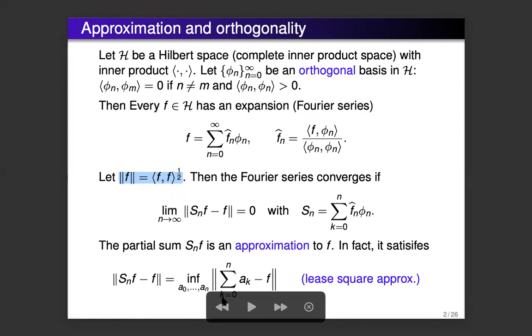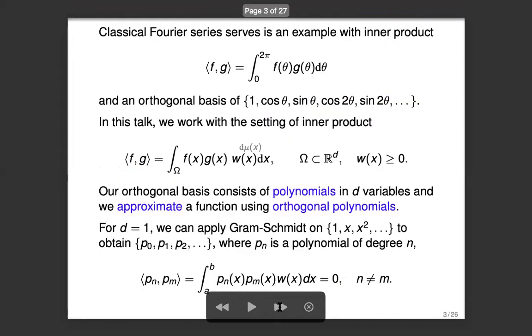This is clearly the case if we consider the classical Fourier series. The classical Fourier series has the inner product of f and g over 0 to 2 pi, where you take the orthogonal basis to be cosine, sine, cosine 2 theta, sine 2 theta, and so on. That is your orthogonal basis.